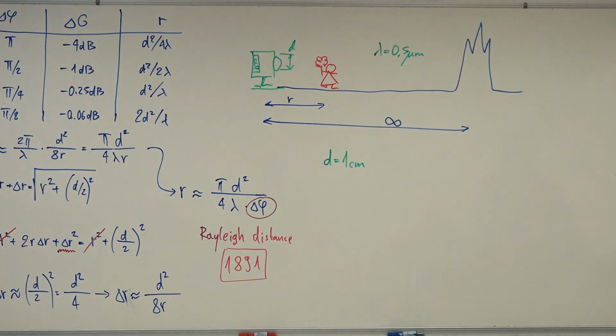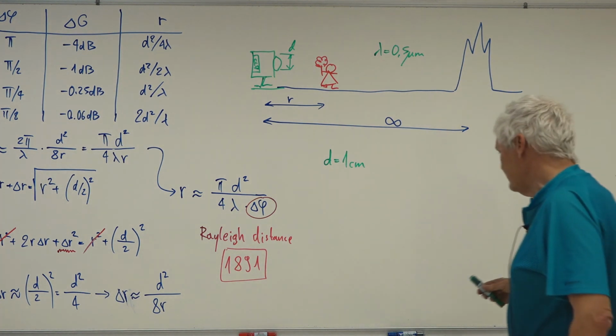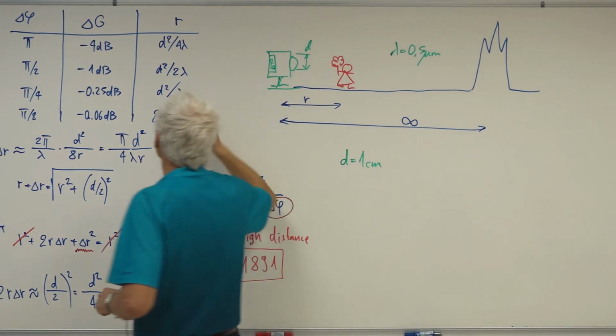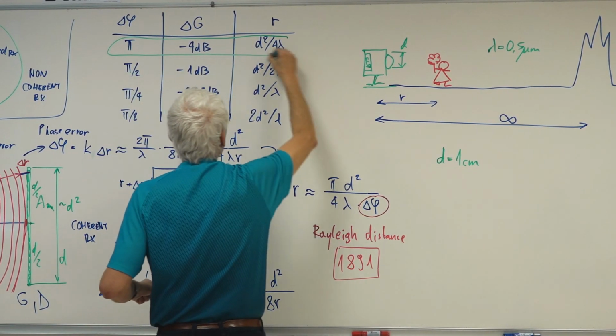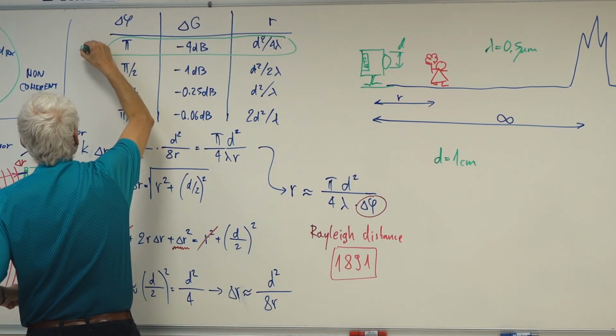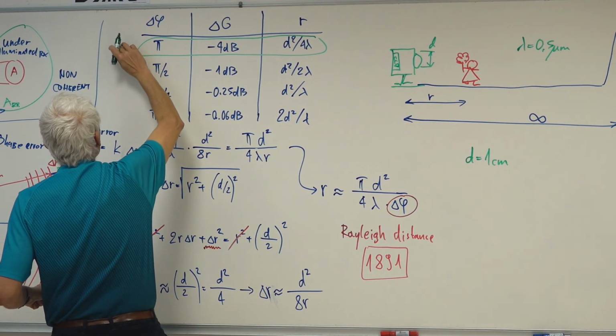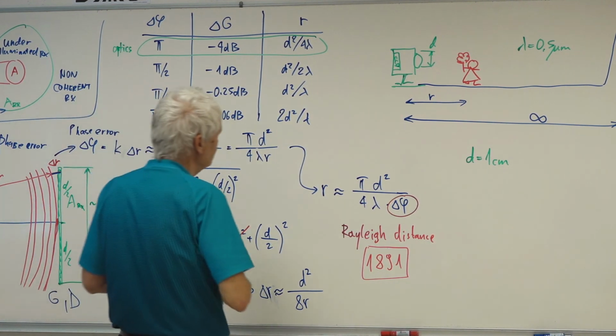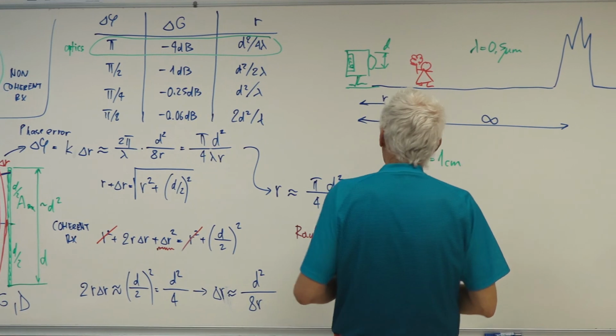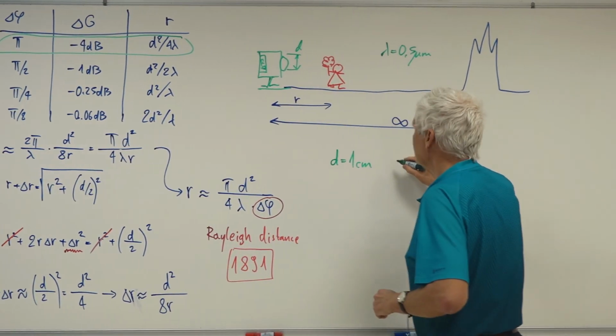In optics, we are not particularly tricky, we can tolerate minus 4 dB of gain. So this is okay for optics. So let's try to calculate what is R.